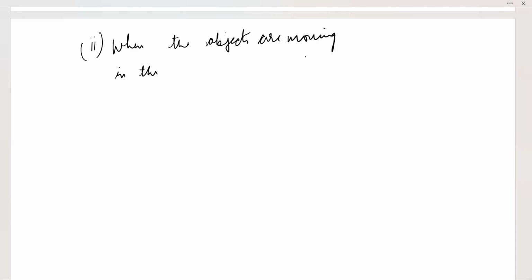Now, इसका सेकंड पार्ट आता है. The objects are moving in the same direction. ठीक है. अब ये कैसा है?